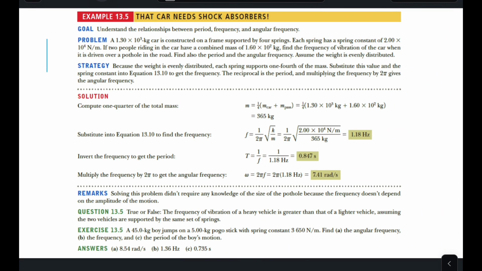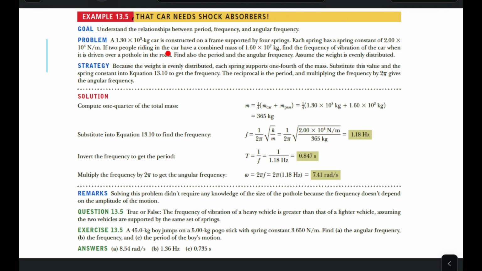Alright, now let's proceed with example 13.5. A 1.3 times 10 to the power of 3 kilogram car is constructed on a frame supported by 4 springs. Each spring has a spring constant of 2 times 10 to the power of 4 newton per meter.